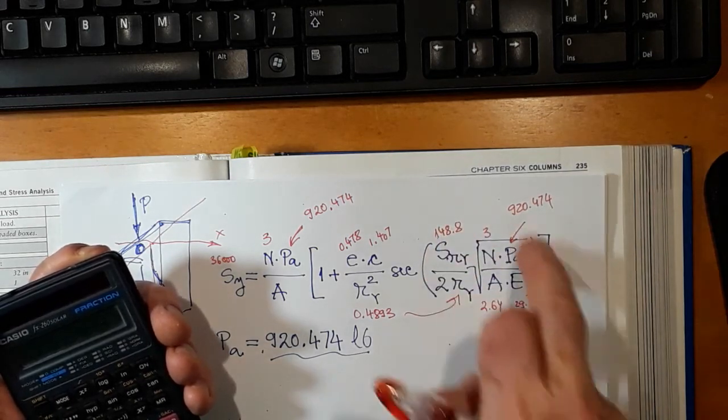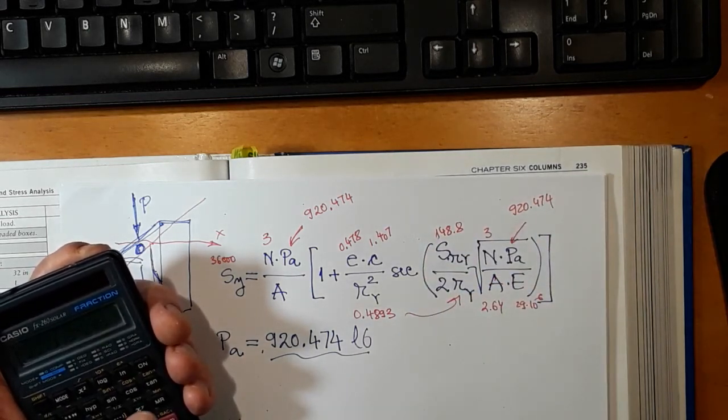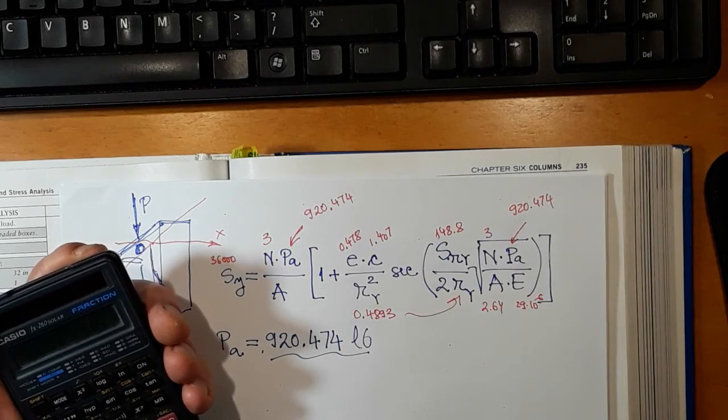So I have this whole thing, cosine, and then take the inverse.